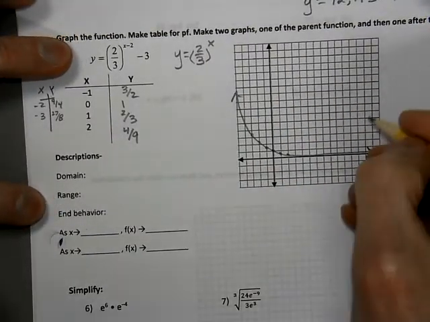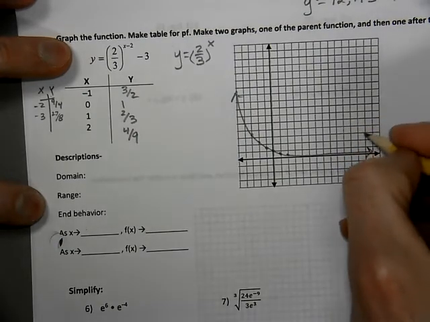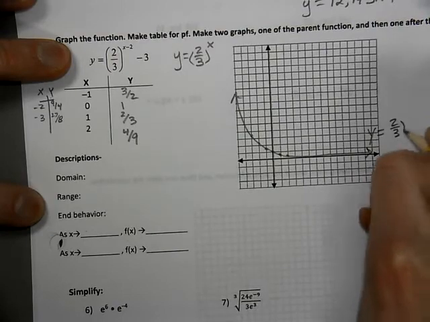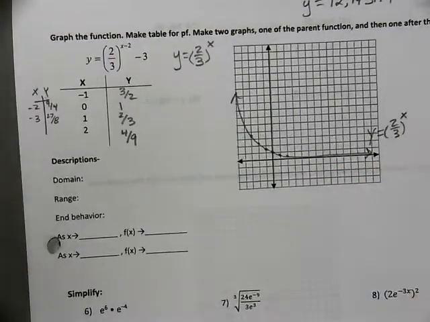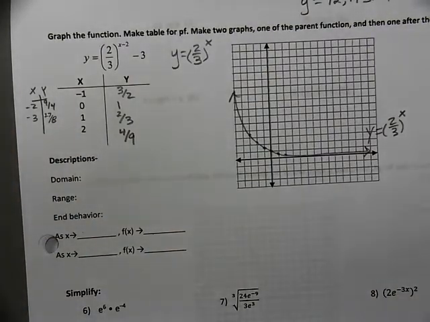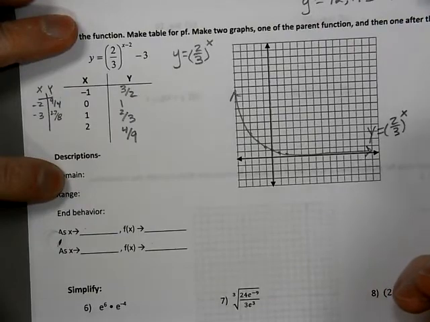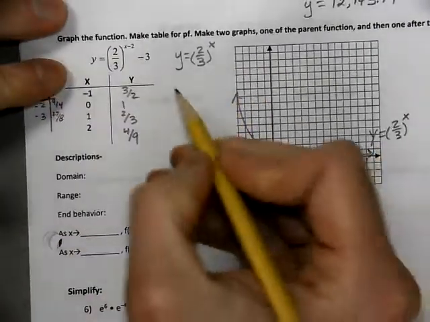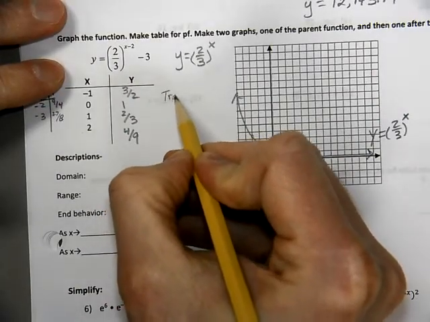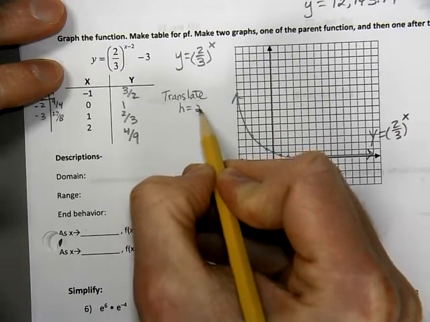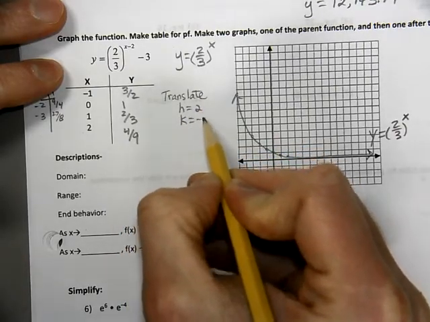So that's our equation. Y equals 2/3 to the power of x. That's our parent function. Now we're going to take each of those points and we're going to move them 2 to the right and 3 down. H is going to be 2 and K is going to be -3.